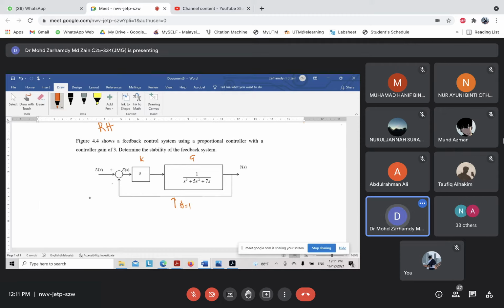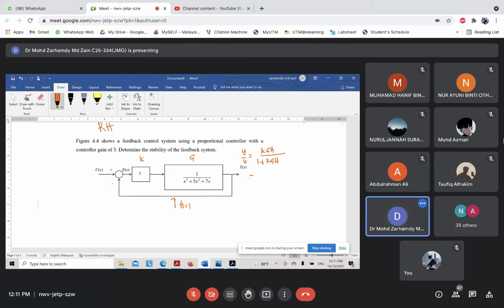So H equals 1. From here we can use our transfer function, Y over U, which is KG over 1 plus KGH.